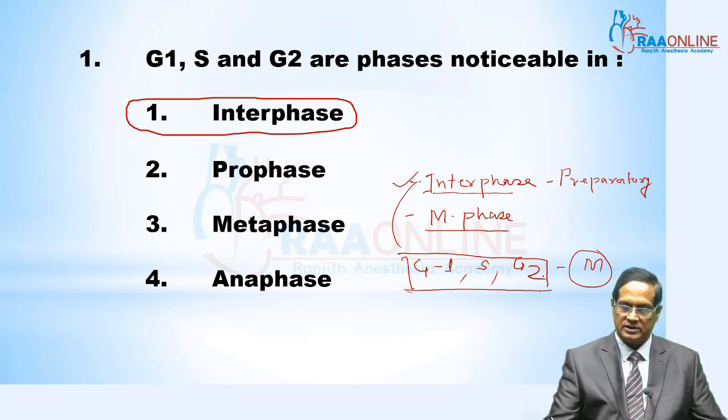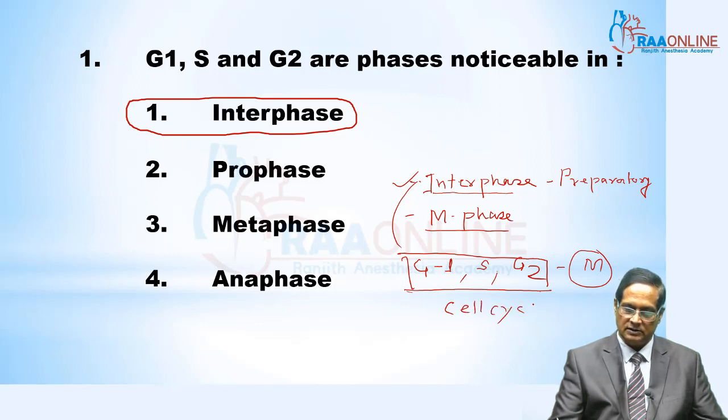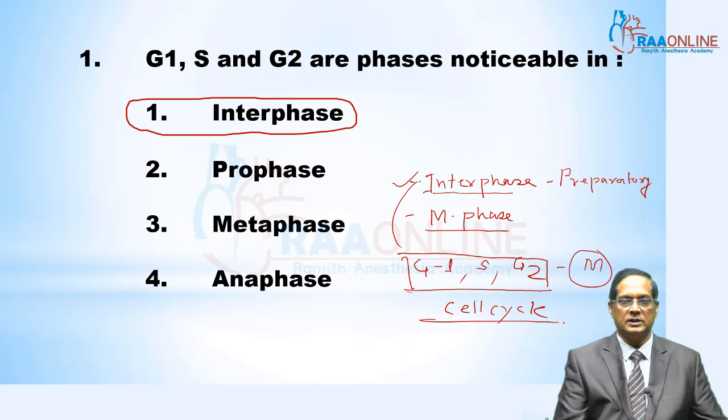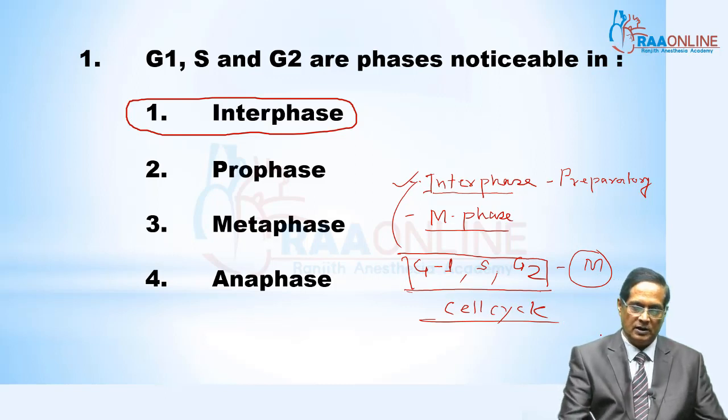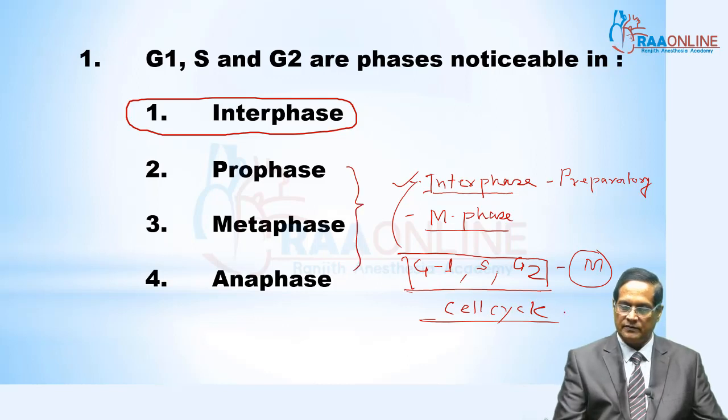So all four stages comprise the cell cycle, and their order of arrangement is G1, S, G2, M. Whereas these three stages are of interphase.